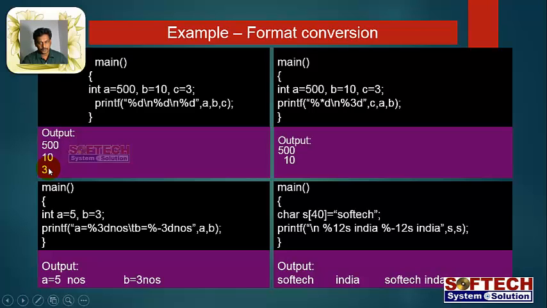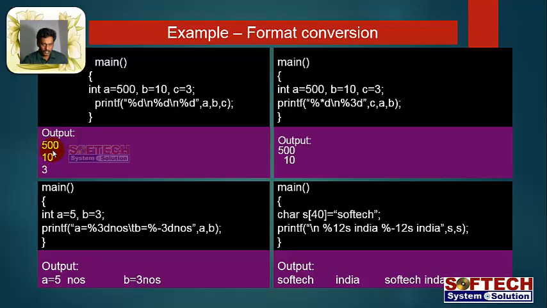If you want to display it as formatted, first we display 500, then 10 is placed in the tens position. The zeroth position is the decimal zeroth position, then the tens position, the hundreds position: 10 power 0, 10 power 1, 10 power 2.